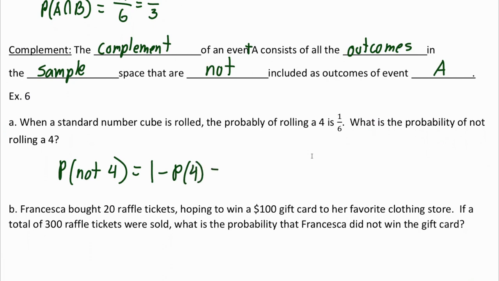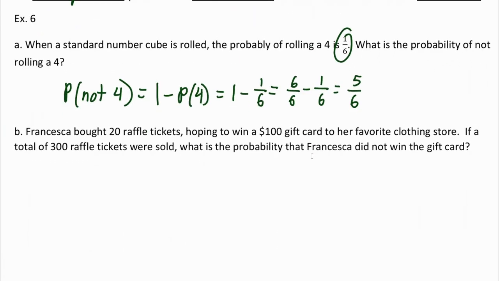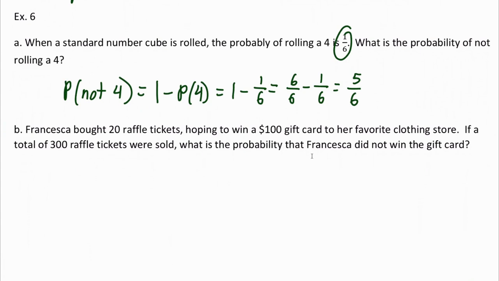So we'd say 1 minus the probability of rolling a 4, which we know to be 1/6. We can rewrite 1 as 6/6 to help us subtract. And so our probability is going to be 5/6, the probability of not rolling a 4.